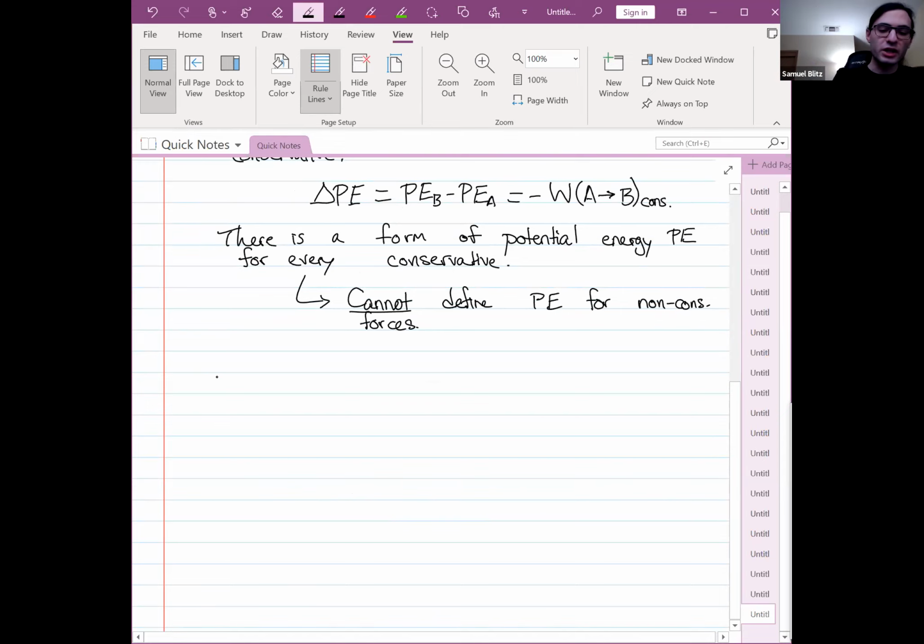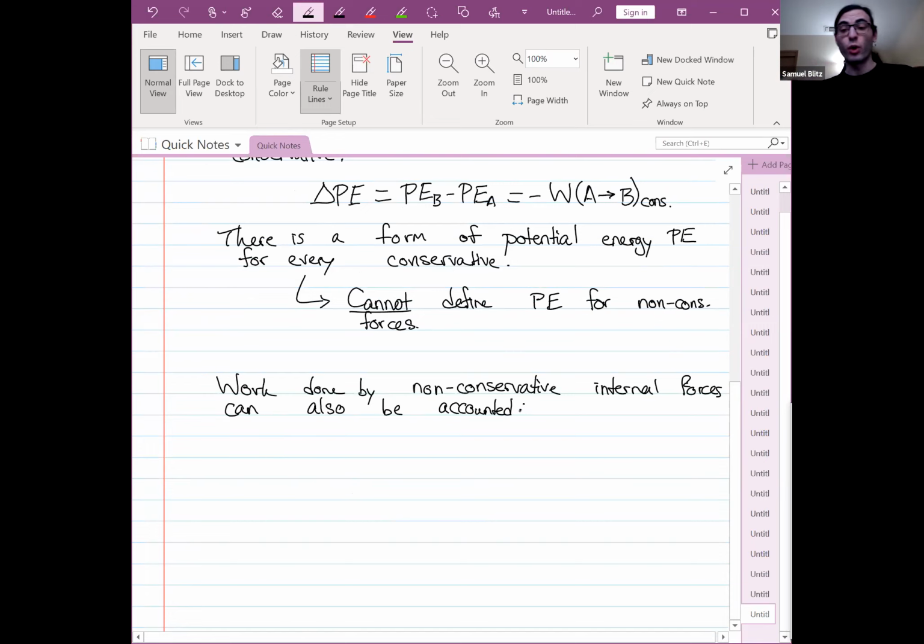So the work done by non-conservative forces, well, we can't write it as a potential energy, but we can write it as something else. Non-conservative internal forces can also be accounted for. They just can't be called potential energy because potential energies have a particular property.